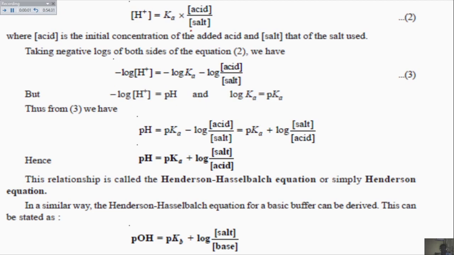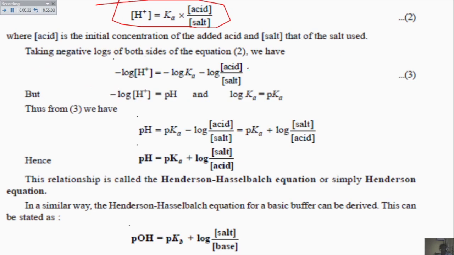Okay, good. Then this formula becomes very important. The hydrogen ion concentration equals Ka multiplied by the concentration of the weak acid over the concentration of the salt, where these are the initial concentrations of the acid and of the salt used.